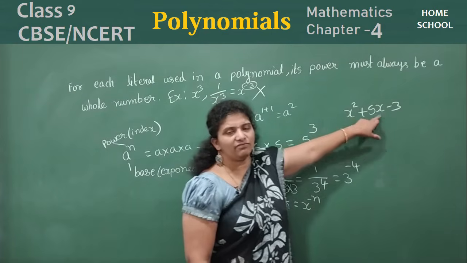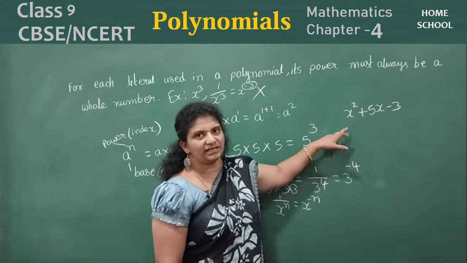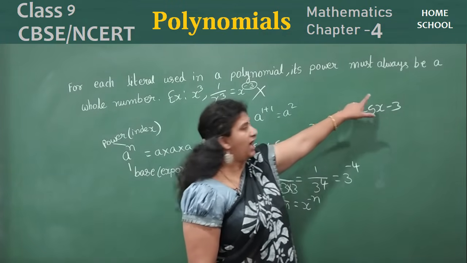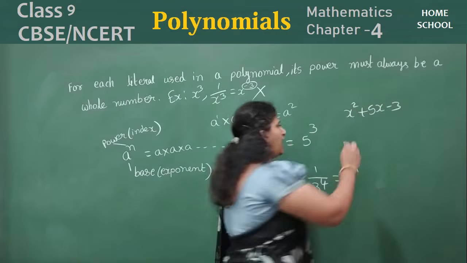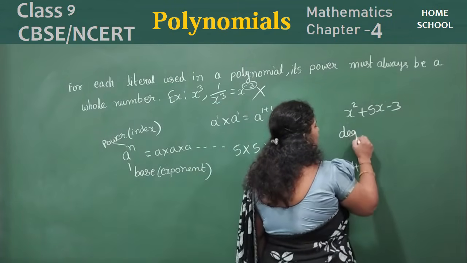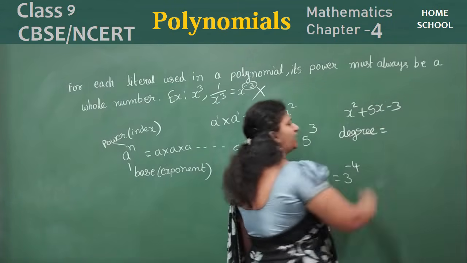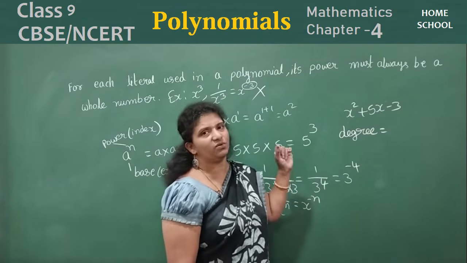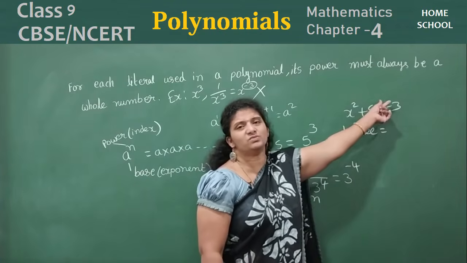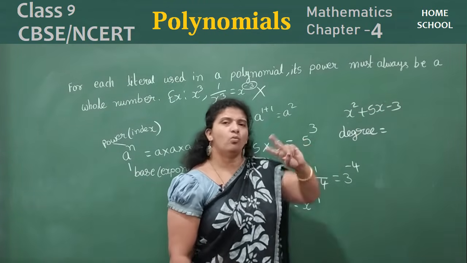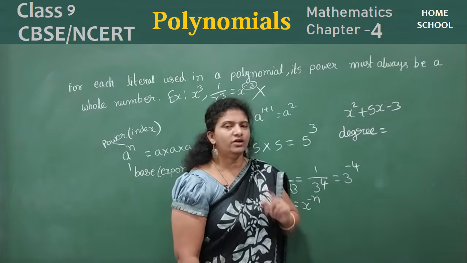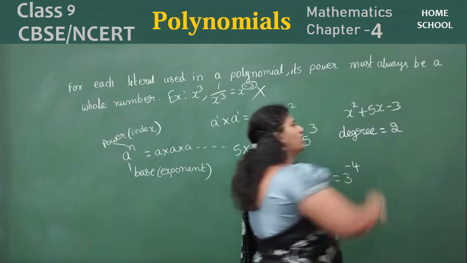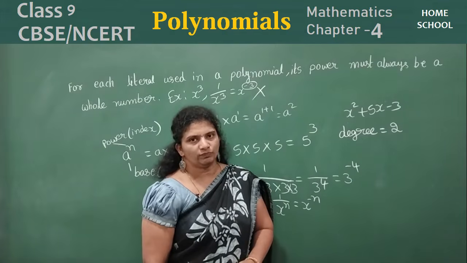One variable I have used in this algebraic expression, that is x. Here the power of x is 2 and here the power is 1. Now I ask for the degree of the equation. What is the degree? The highest power in a given equation. Here the power is 1 and here the power is 2. Which is greater, 1 or 2? 2 is greater, right? Therefore, the degree of the given expression is 2.